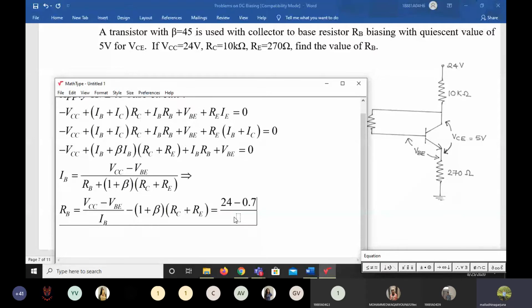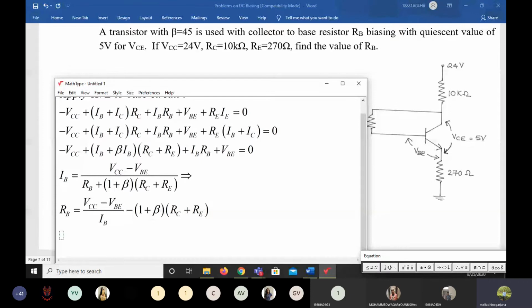How can we calculate it? So this is the one RB equation that you can calculate.